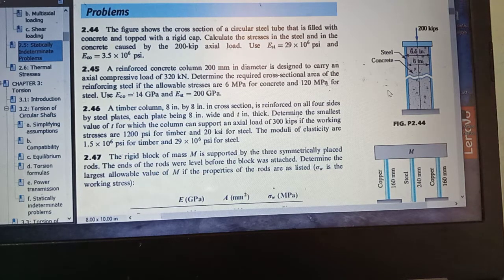In this figure we see that it carries 200 kips, and this is what we call a composite material, composed partly of steel and partly of concrete. Without further ado, we will go to the solution.